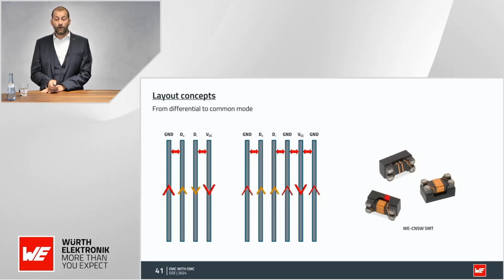But now, if we attach a common mode choke onto those D plus and D minus traces, we will reduce the noise and our signal integrity will not be reduced. And that's a really cheap solution.